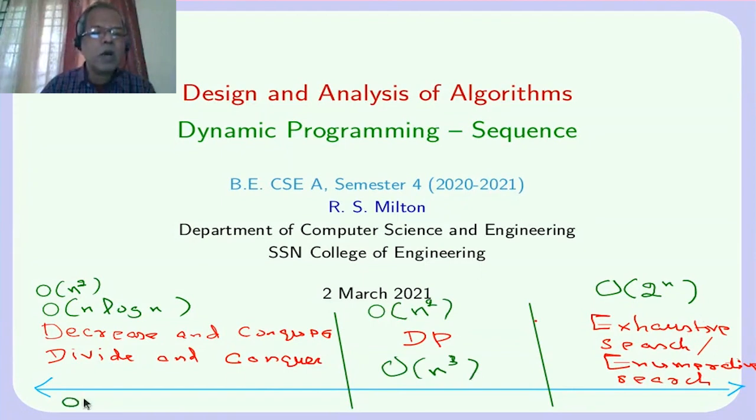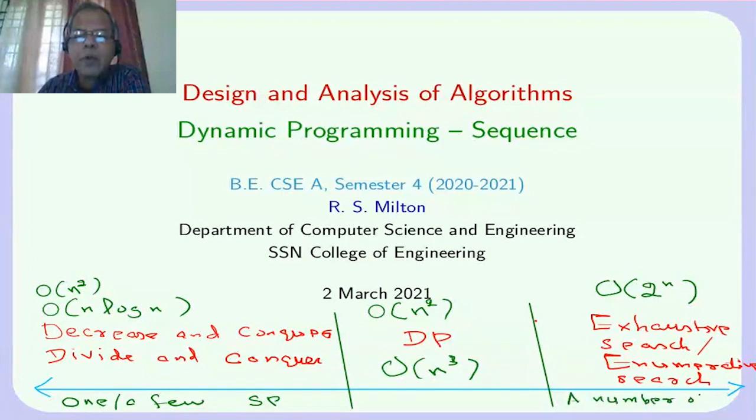In decrease and conquer and divide and conquer, we have one or a few subproblems. In exhaustive search, we have a number of subproblems.